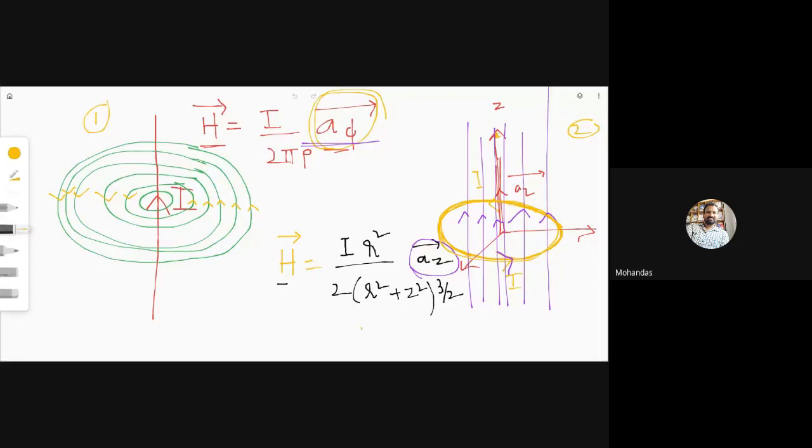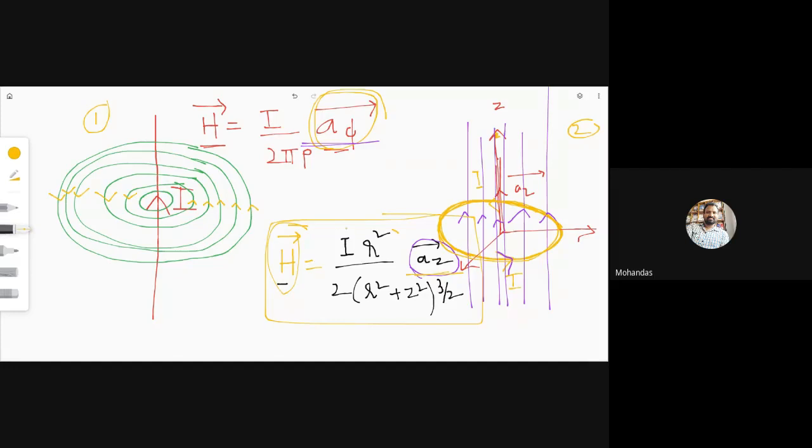Here, see, it is your responsibility to pay attention towards the class. Okay. See, this is the magnetic field intensity H here. And this is the magnitude I into R square divided by 2 into (R square plus Z square) all to the power of 3 by 2 in the direction of AZ.